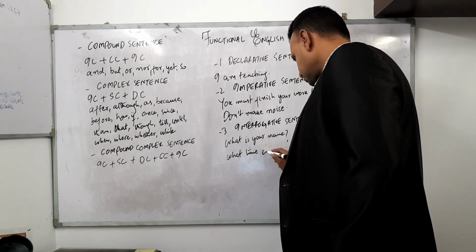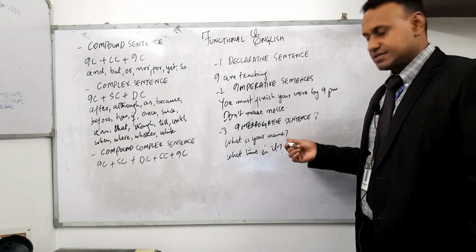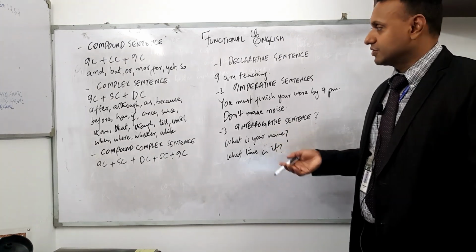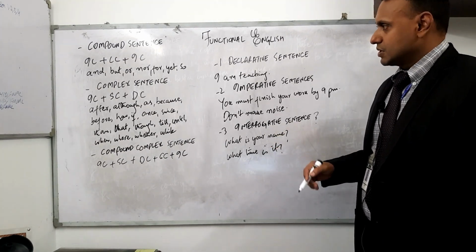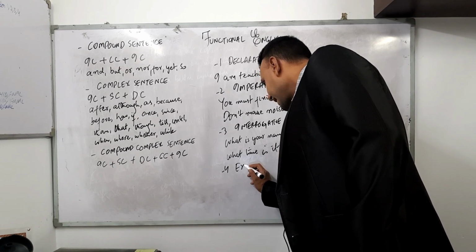Excuse me. What time is it? So you're asking about the time, and that is an interrogation, a questioning is involved. So that's another one. So the last type that we have is called exclamatory.